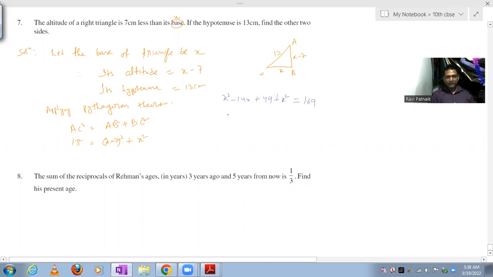So 2x squared minus 14x minus 120 is equal to 0. Now divide by 2 to make it a little smaller. So x squared minus 7x minus 60 is equal to 0. Then after applying the formula, you can find out the square root. Okay?